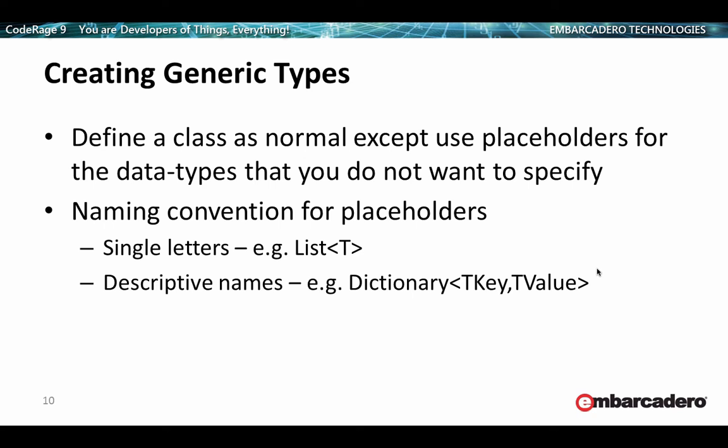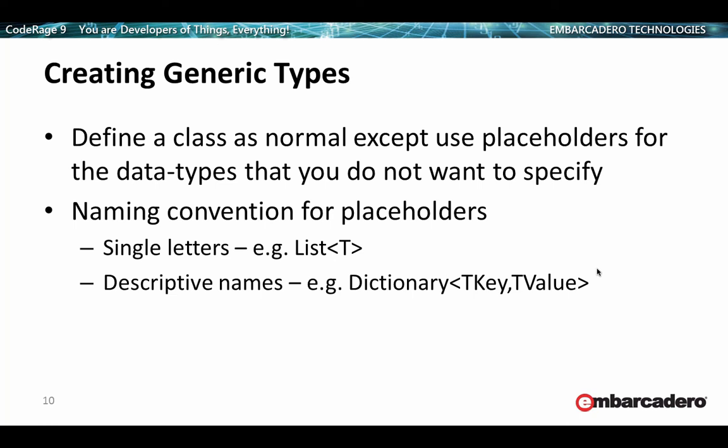So what I like to typically do is just define the class as normal. Now you might want to use strings or integers to manage what you need to do, and then we can convert it into a generic version by substituting the data types that we're referencing. And as I mentioned before, the convention is to use T for your placeholders.